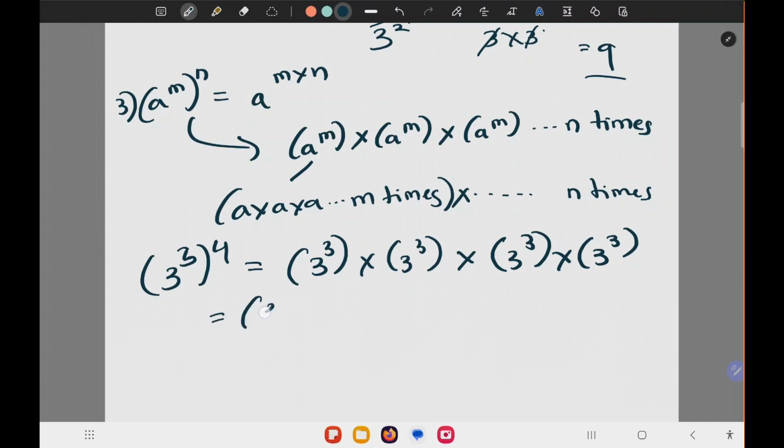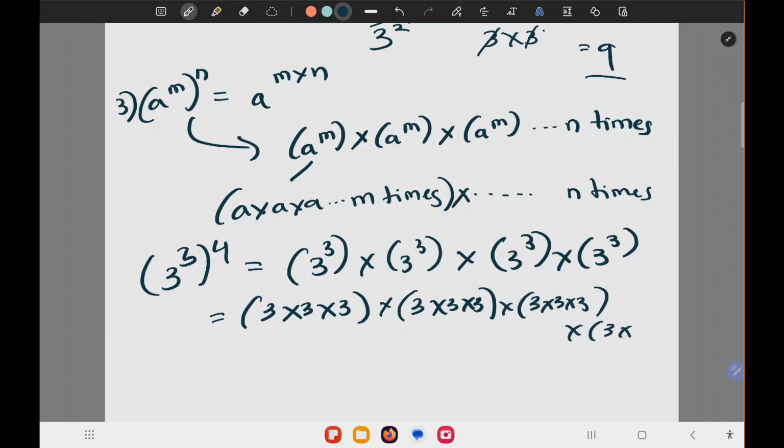And each of these has 3 3's, right? By the basic definition, 3 to the power 3 is 3 multiplied 3 times, and similarly the others. If you count all of these, this is 12. So it's basically 3 3's in each bracket and then 4 brackets. So it is 3 times 4.